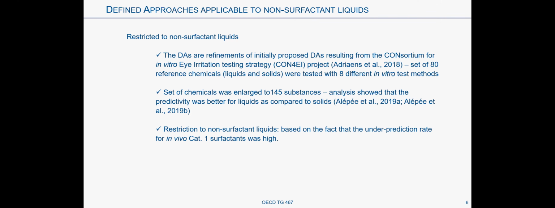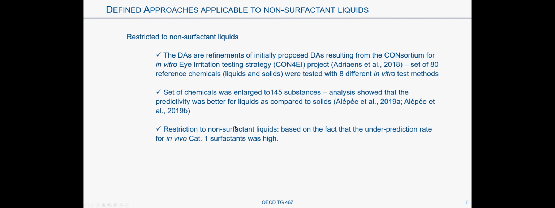And the substances were liquids, solids, and also surfactants. The first analysis showed that the predictivity was better for liquids as compared to solids. So this is why we restricted the DA to liquids only.